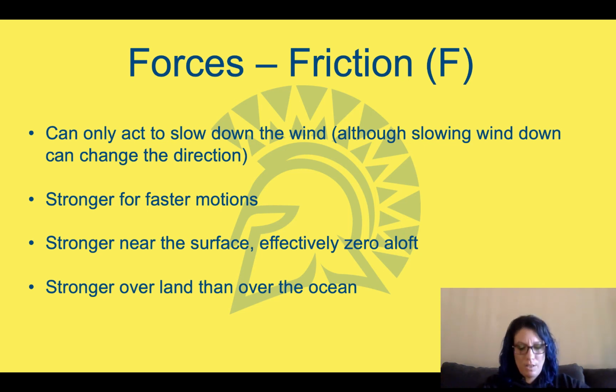We all live down here, and this is where everything is, and all that stuff is going to cause more friction on the air and act to slow it down. Aloft, we don't have all that stuff going on, so the air is more able to move freely without anything to slow it down. It's also stronger over land than over the ocean for the same reason. The ocean is flat. It doesn't really have anything on it except maybe a few boats, but not a forest or something.